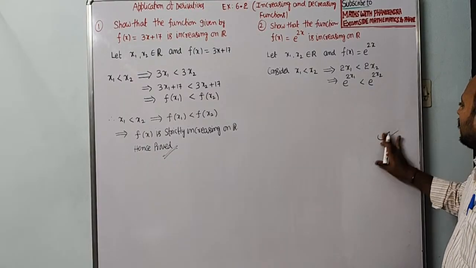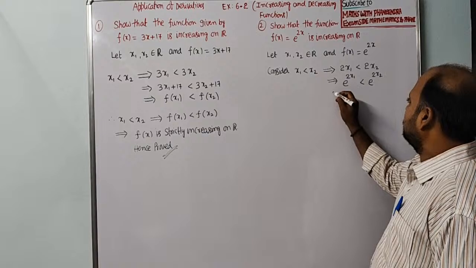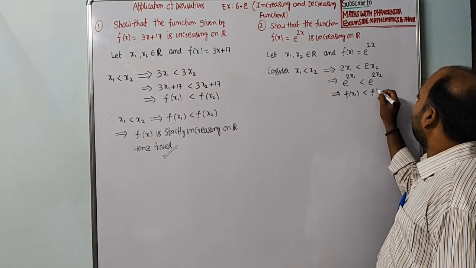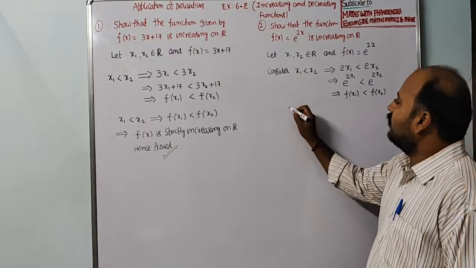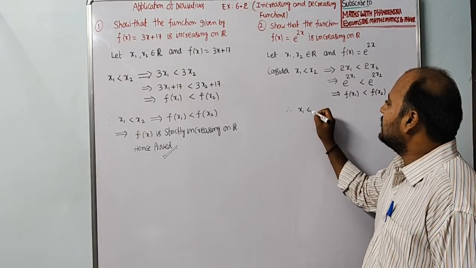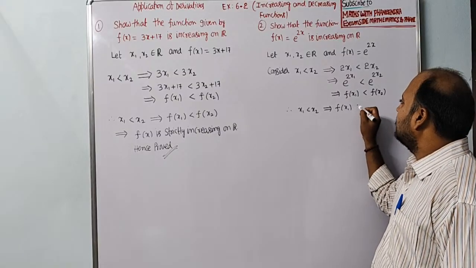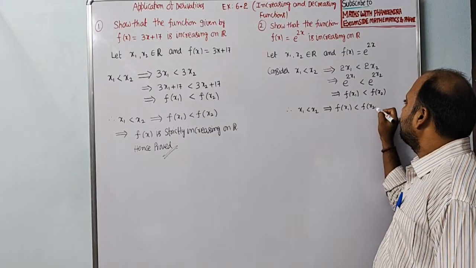e power 2x1 is equal to f of x1, which is less than f of x2. So therefore x1 is less than x2 implies f of x1 is less than f of x2.